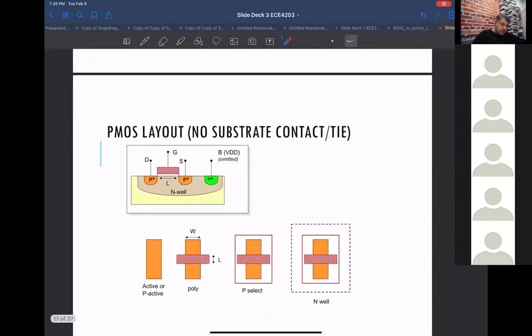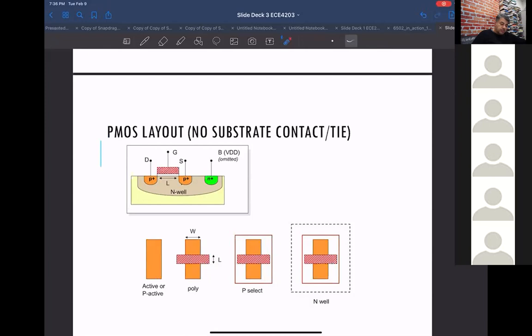For the PMOS transistor, you basically have a similar kind of thing. You have an active drawing, you put a poly across it, and then you do a P select that tells it to do a P implant everywhere. The poly protects the channel, and you just end up with P's on the sources and drains.